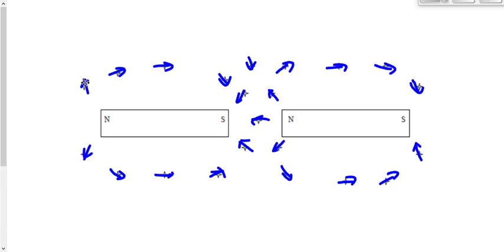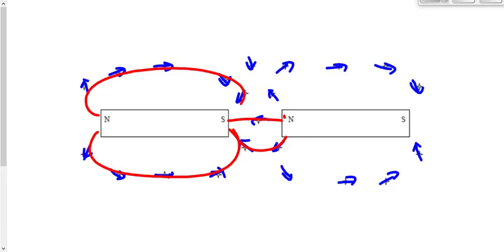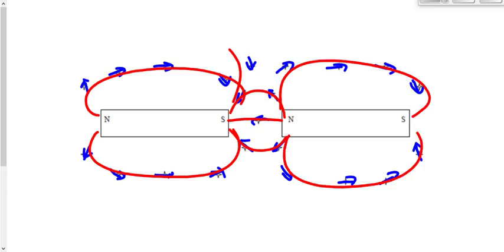Not going to get a picture of a dinosaur like we did in kindergarten, but we should get something that's recognizable. Field lines are going to go around like this. Again, from north towards south, always away from the north, always toward the south.